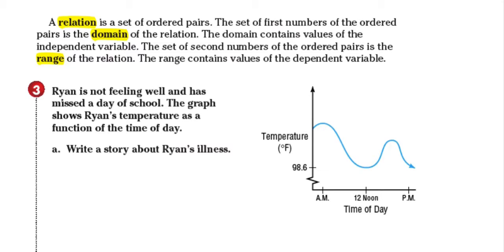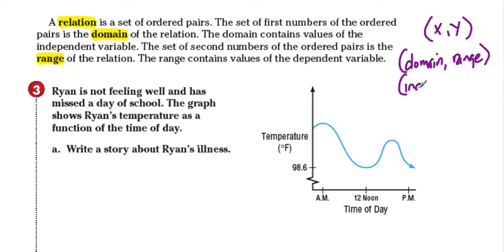Okay, another summary that we can do for this one: let's say your ordered pair is x and y. X is also your domain and y is your range. X is also your independent variable and y is your dependent variable.